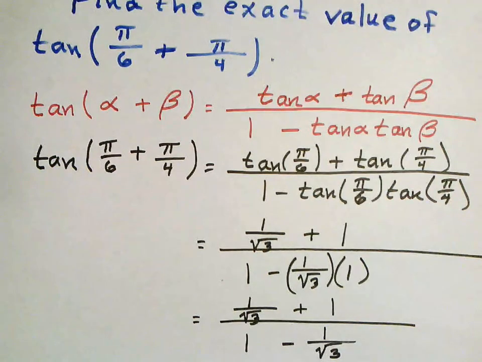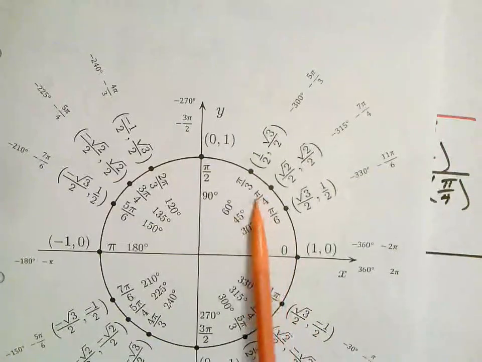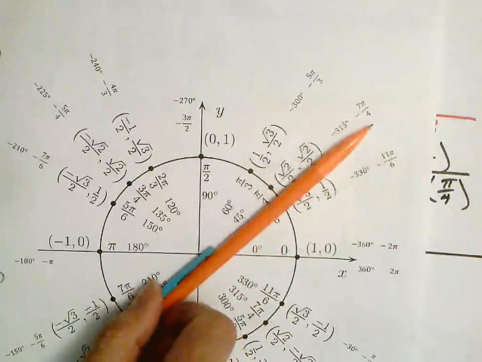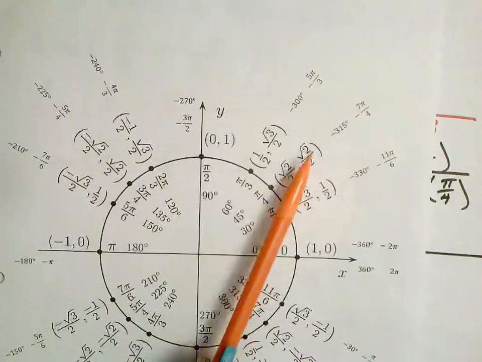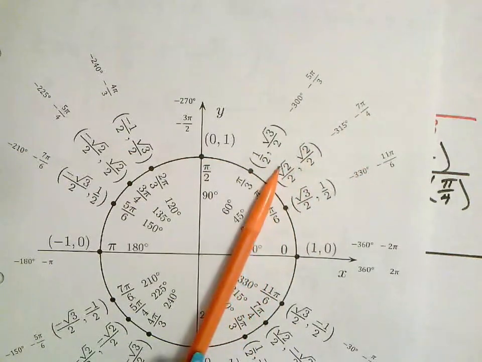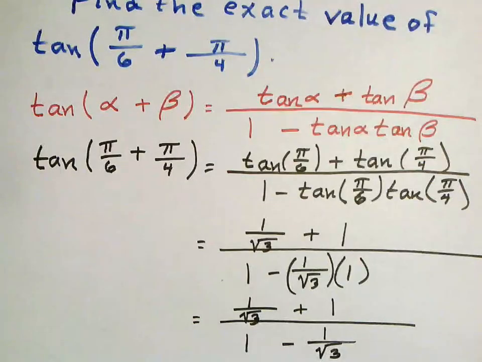And the tan of pi over 4, so let's find pi over 4 here. Here's pi over 4. If you cover up the denominators too, then the numerator of the sine is square root of 2 divided by the numerator of the cosine, square root of 2. Well, square root of 2 divided by square root of 2 is 1. So that's how we're getting a 1 here.